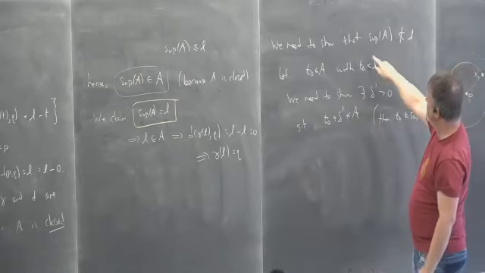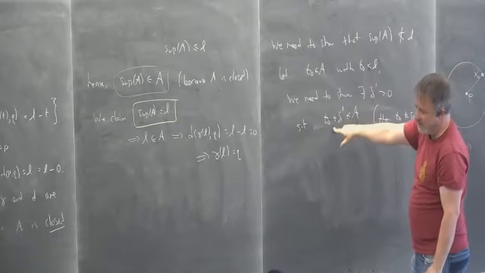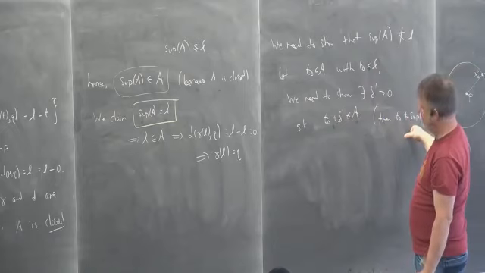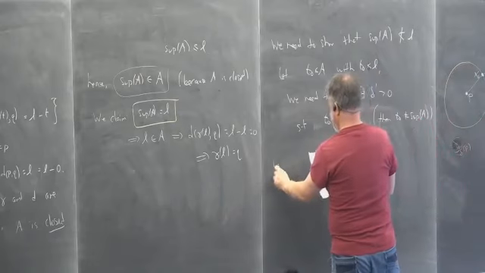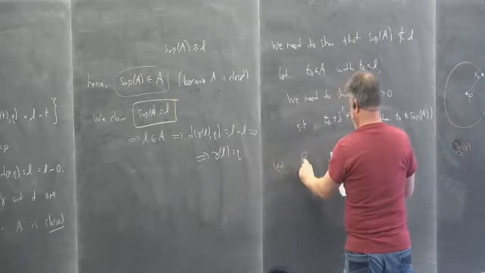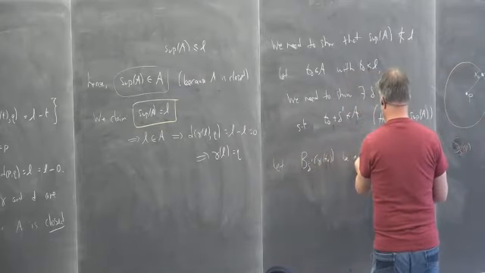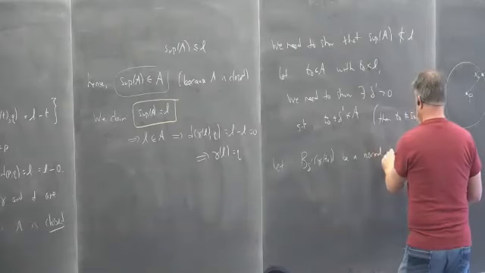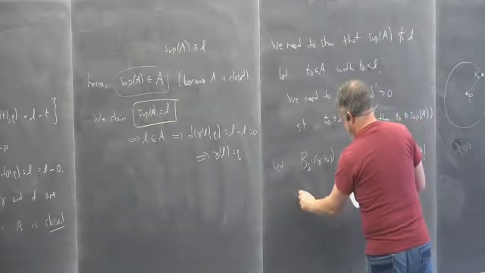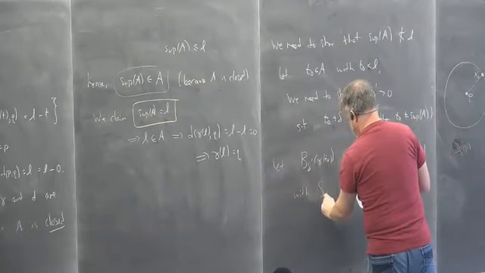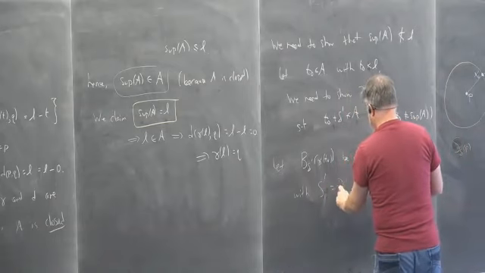For anything less than L, I'm going to find something slightly bigger, which is still in A. So anything less than L can't be the supremum of A. All right, so how are we going to do this? Let's let B delta prime at gamma of T naught be a normal ball at gamma of T naught, with S delta prime, let's just call it S prime, be the boundary.